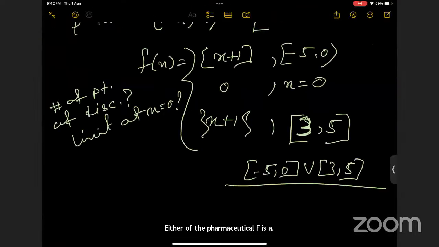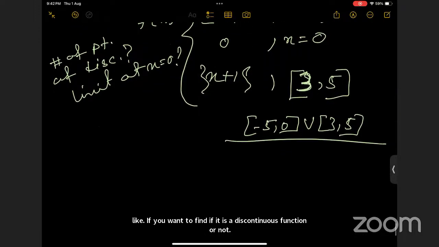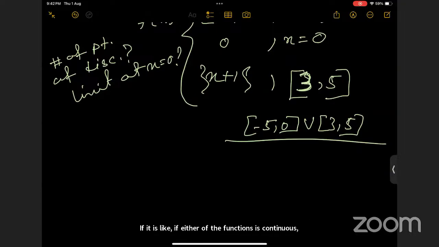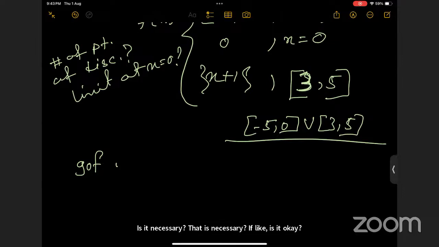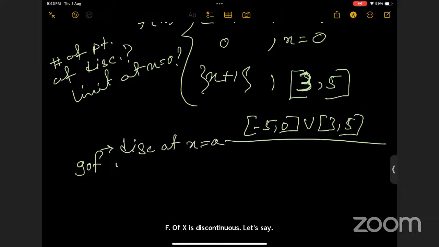Let's say there is a composite function G circle F, and we want to find its discontinuity. If f of x is discontinuous at x equals some a, is G circle F also discontinuous?